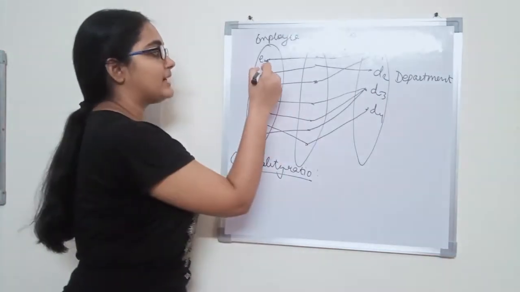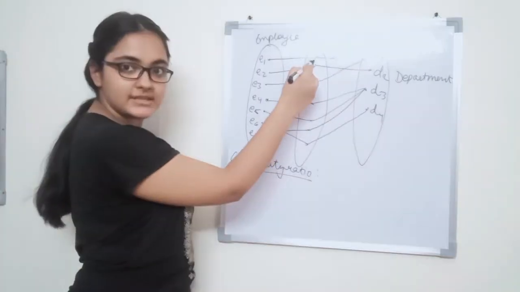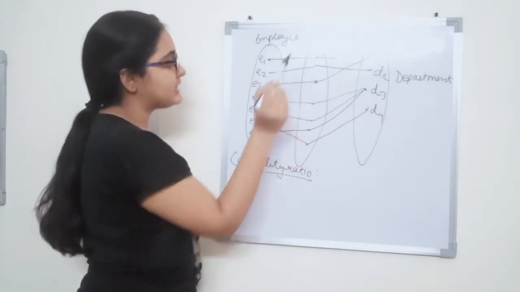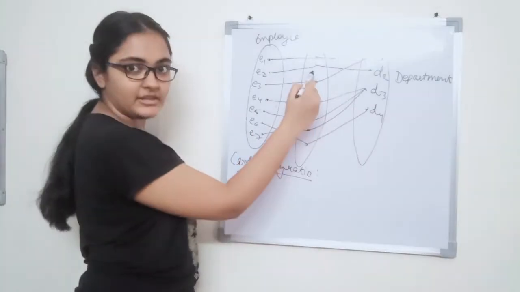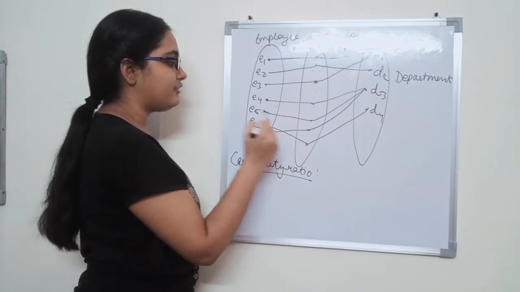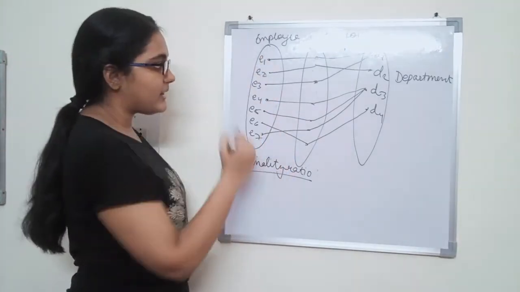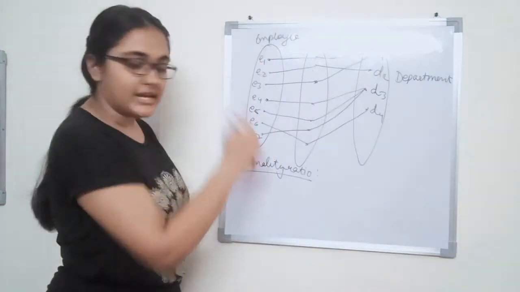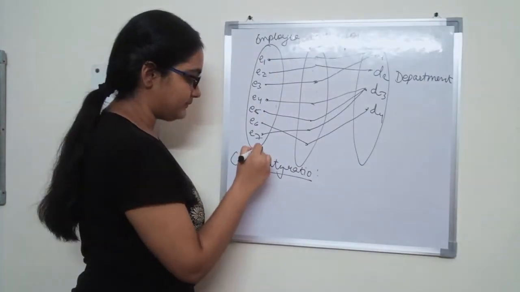E1 can participate in only one relationship instance. E2 can also participate in one relationship instance. E3, E4, E5, E6, E7 all can participate in only one relationship instance. So the cardinality ratio of the employee entity type is 1.